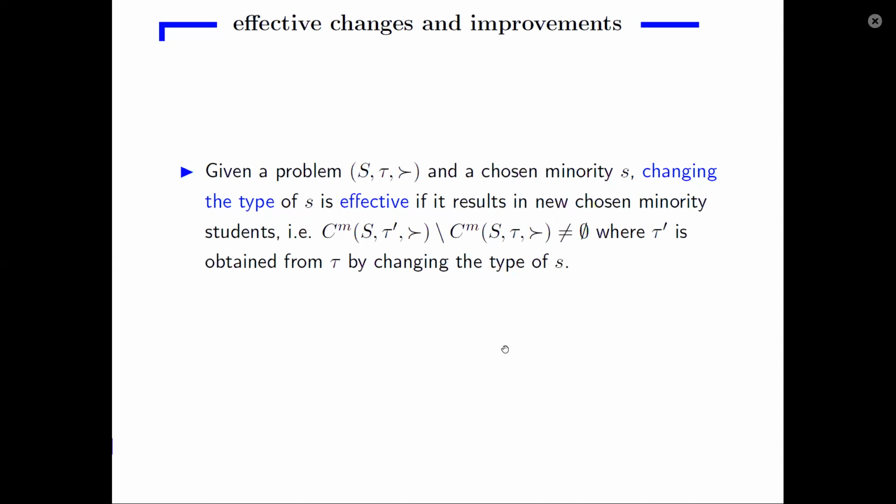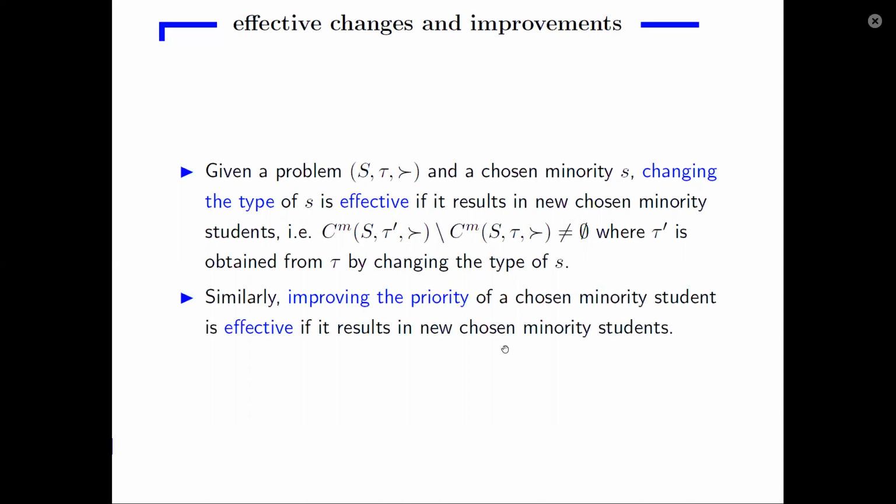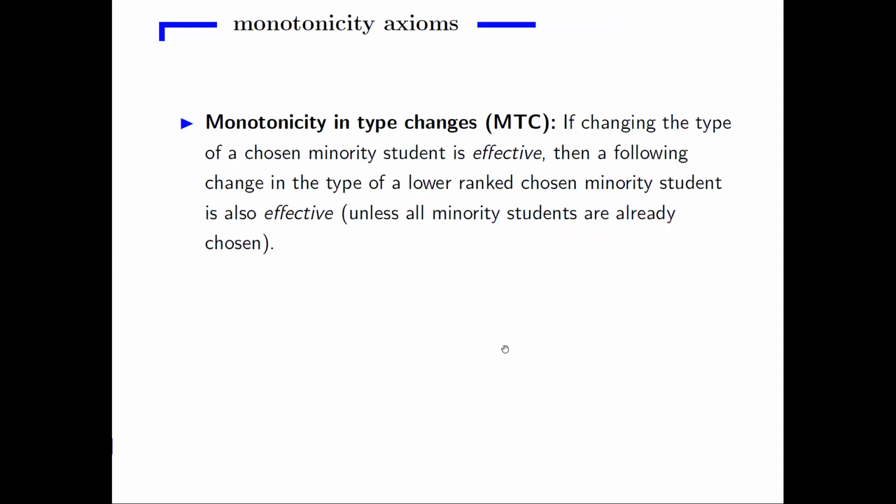Similarly, we say that a priority improvement is effective if improving the priority of a chosen minority results in new chosen minorities. Then with this notion, one reasonable axiom is to put some sort of monotonicities.